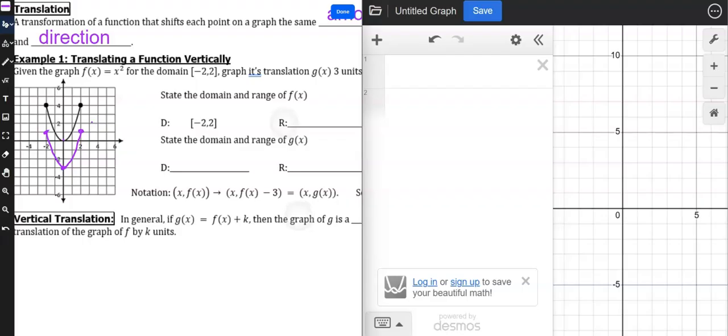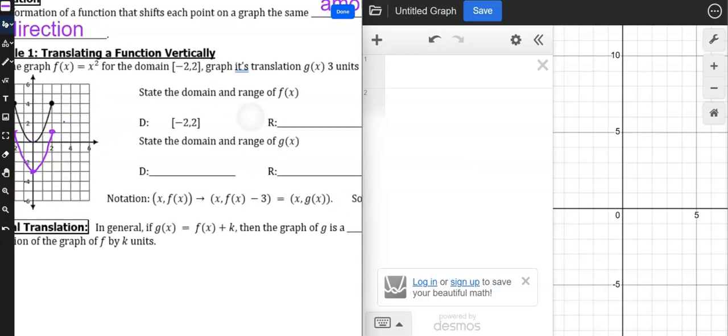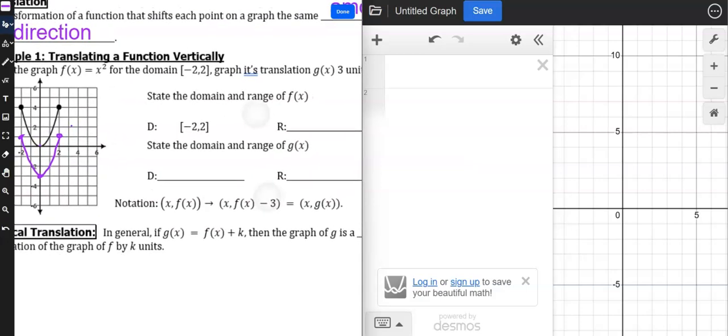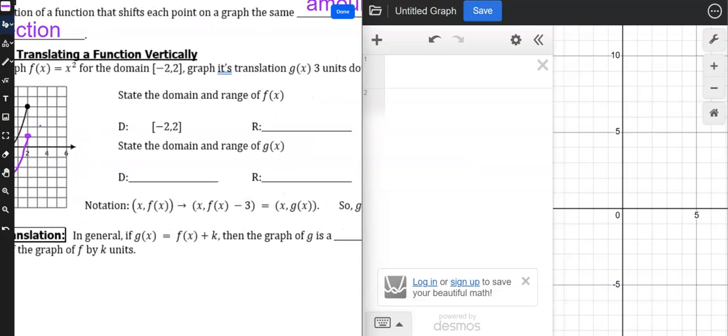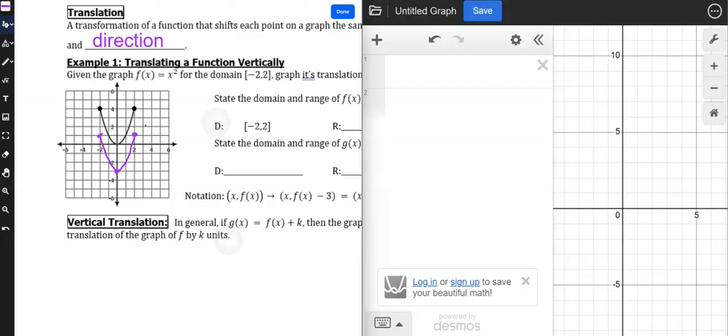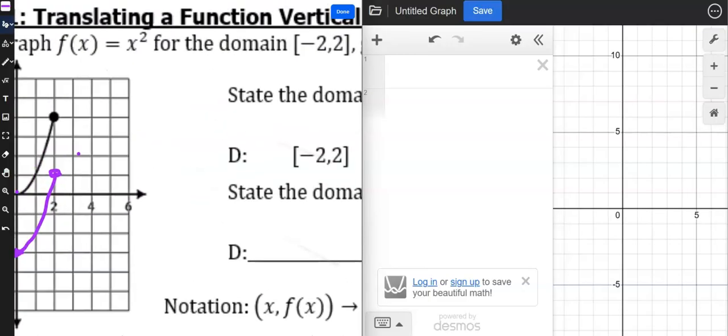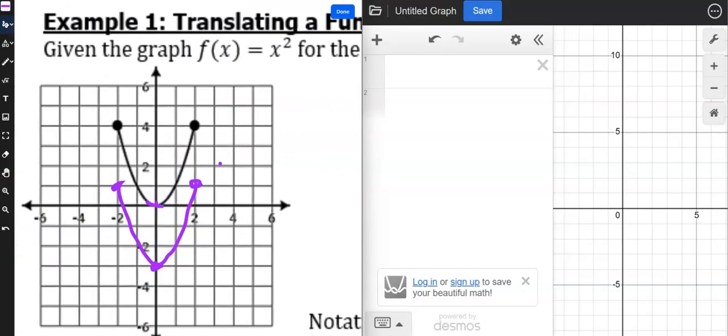State the domain of, well, it says of f of x, that's the original. So the original started out and it went from -2 to 2, and the range was what? Range went from 0 at the bottom to, you can tell it started at 0 and went up to 4.